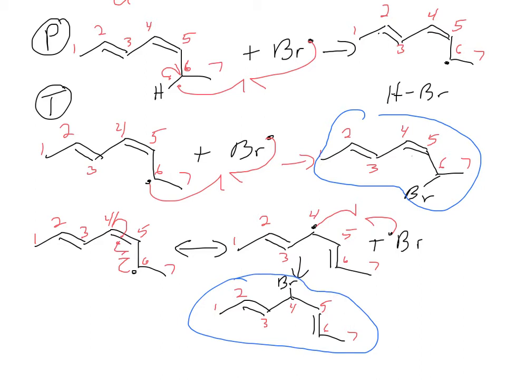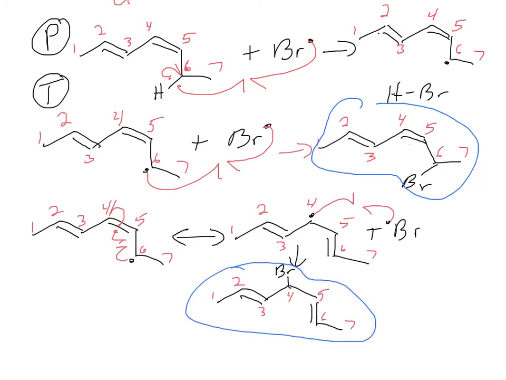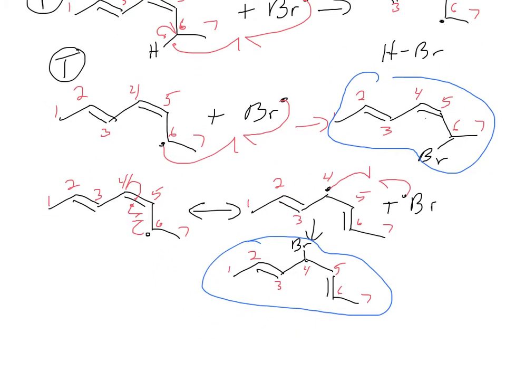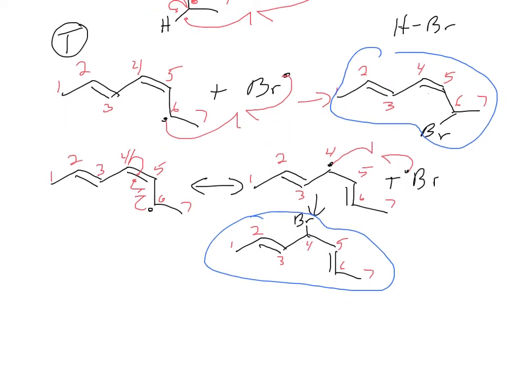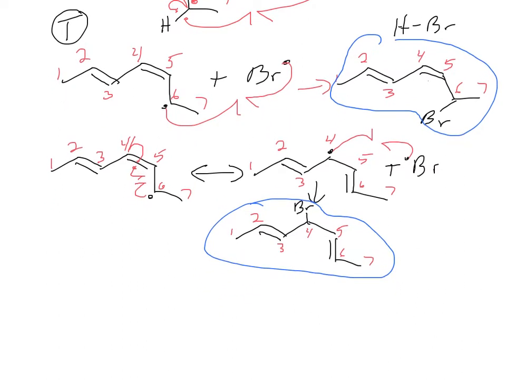But like we said, I think we draw another resonance form here, so let's redraw that intermediate. So I'm taking this guy back over here. One, two, three, 4, 6, 7. All right.